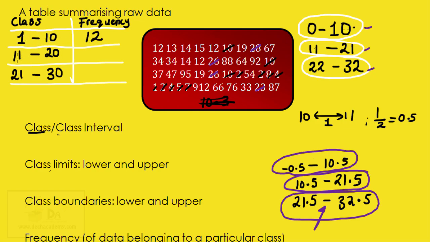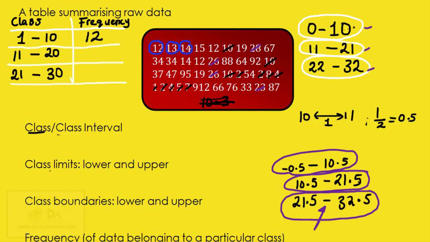How about from 11 to 20? The frequency of the class with the class interval 11 to 20 is simply the number of times numbers belonging to this class appear in the data that's been given. So here's 1, 2, 3.